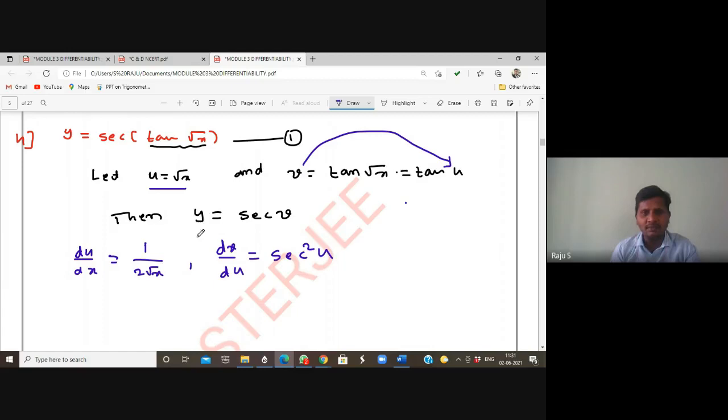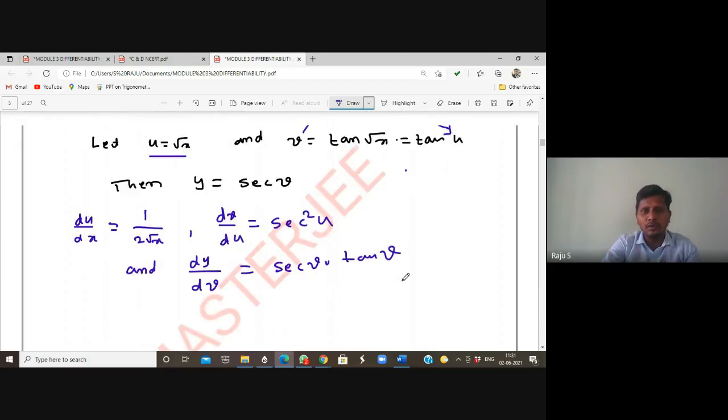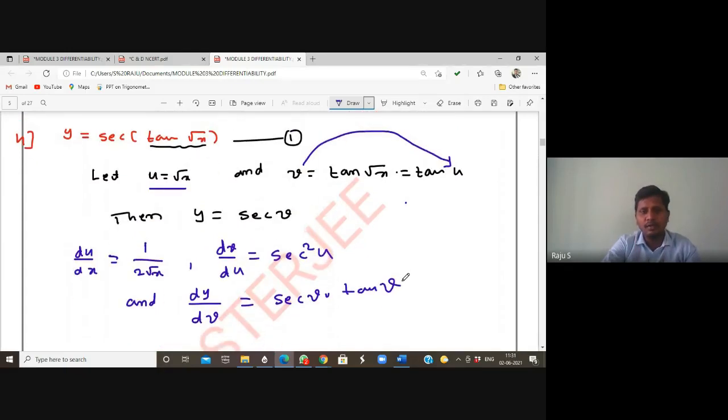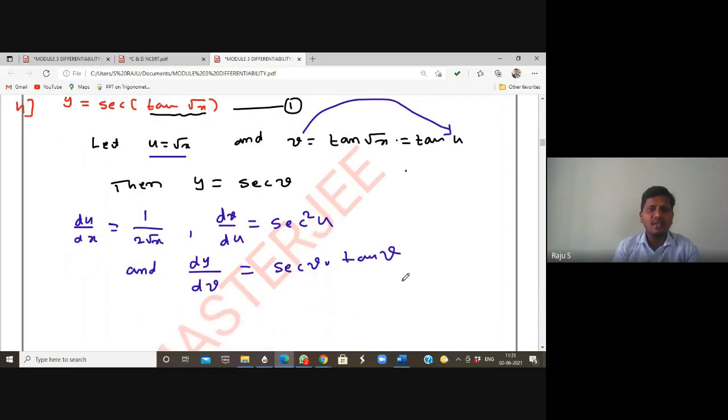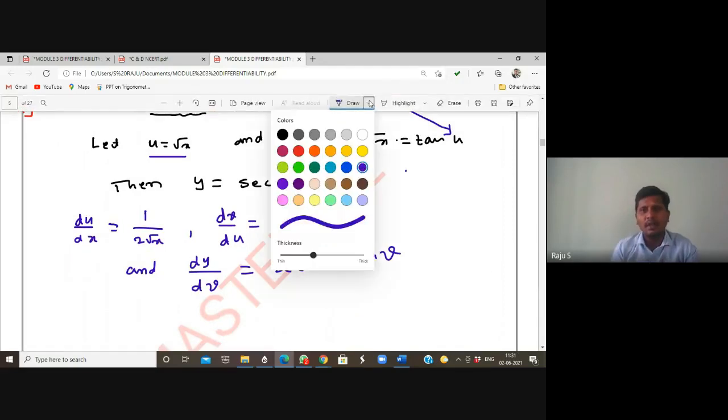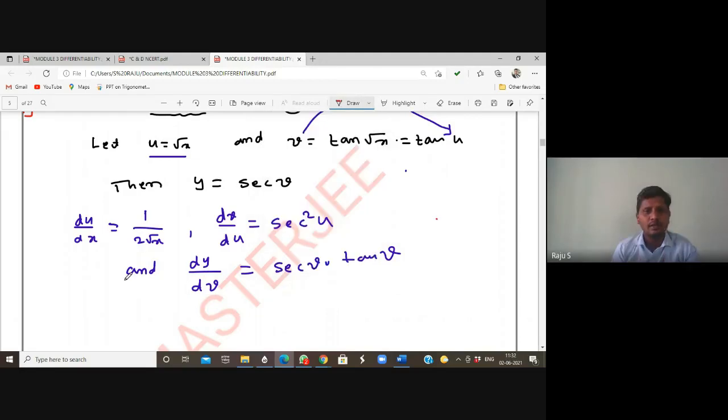And finally, y is equal to secant v, and dy by dv is equal to secant v into tan v. Okay. So we got du by dx, dv by du, dy by dv. After getting all this, therefore by which theorem? Therefore by chain rule.